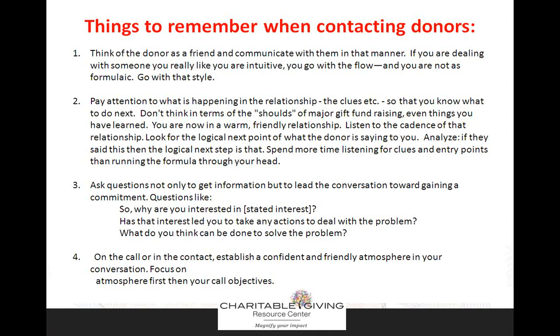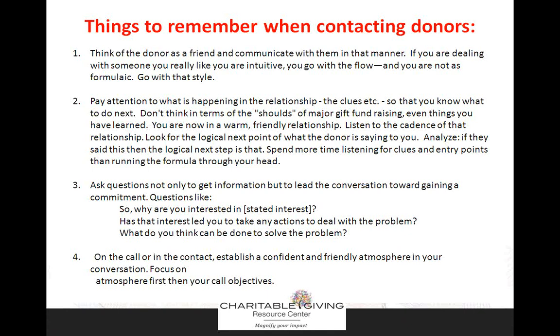That's a great clue as to what that next step might be. Go back to the office, look for some things that you think he or she might be interested in, and make a point of jotting down on your calendar, call Helen and Jean to attend this particular program that we have. Spend more time listening for clues and entry points than running that formula through your head.